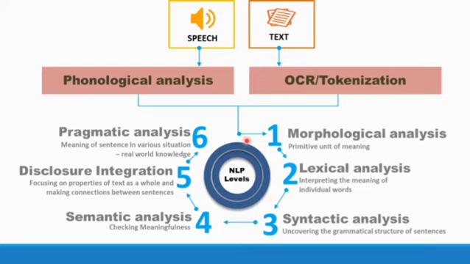With the help of these two, we first bring the data to the first level, which is morphological analysis. Under level 1, morphological analysis, the study of words and their parts is done. At the first level, whether the data is in the form of speech or text, we divide it into its single unit, that is, the word. So we find out the meaning of the word and about the word. The next level is lexical analysis, interpreting the meaning of individual words. As we have divided the whole sentences or paragraphs into particular words in morphological analysis, now we need to know the meaning of those words.